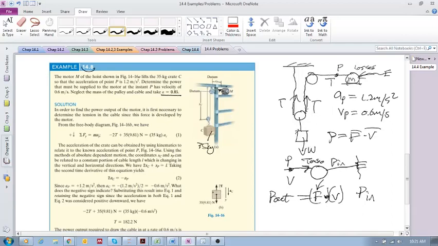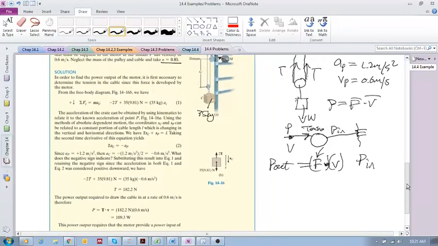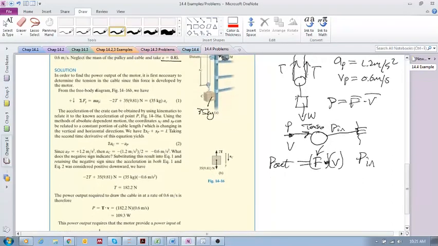So, there's our free body diagram there. 2T is up, and down is weight, and we know that it's accelerating, so we have the sum of the forces in the y direction is mass times acceleration in the y. We have, and down is positive, so minus 2T, 2T upwards, that's minus. Down we have mass times gravity is equal to mass times acceleration of the crate. Okay? I hope we're all happy with that.